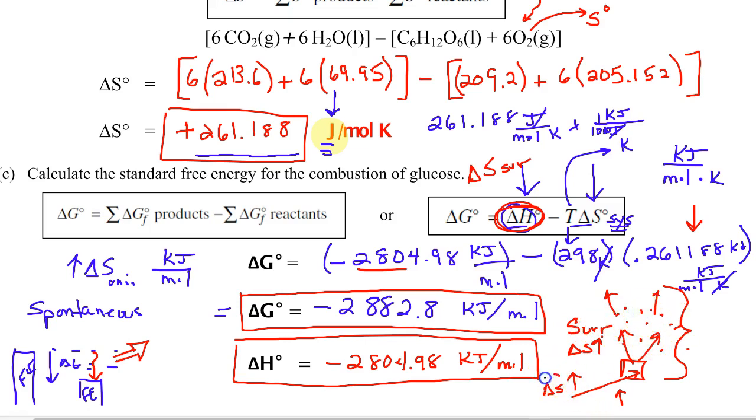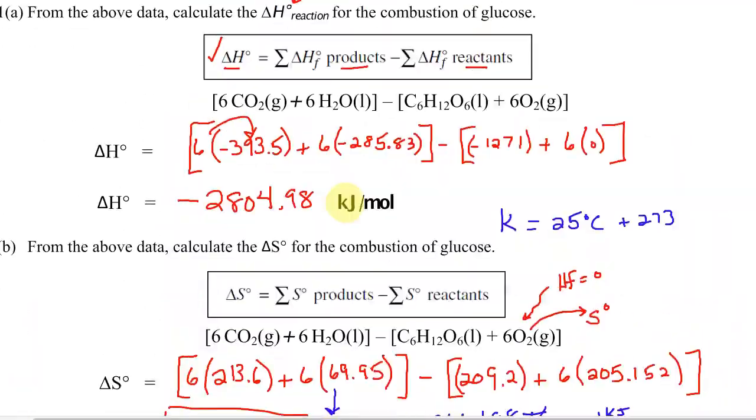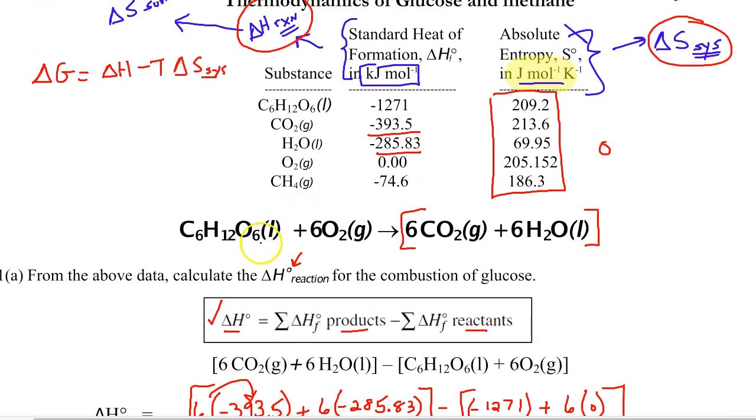But inside the system, we've got a positive delta S. Now why? Well, if you look at the reaction, we've got a liquid and 6 gas molecules. That's 7 molecules. And we produced how many? 12 gas molecules. Whoa! What happens there, party people? Well, we went from 7 molecules to 12.